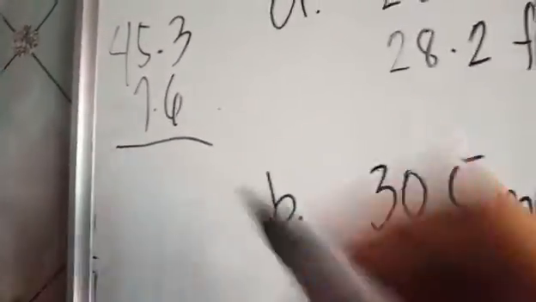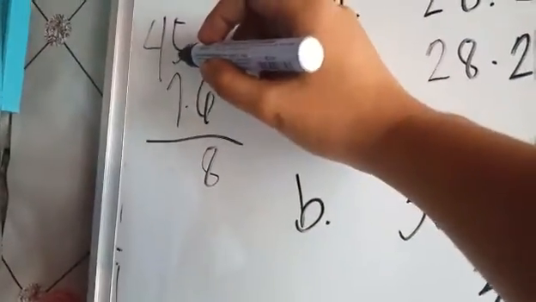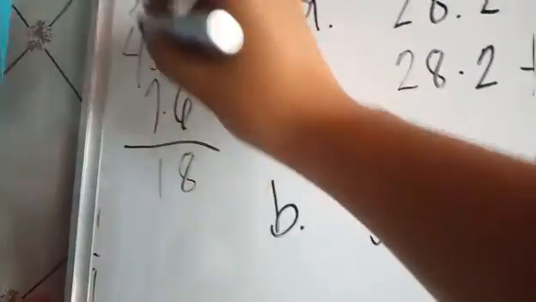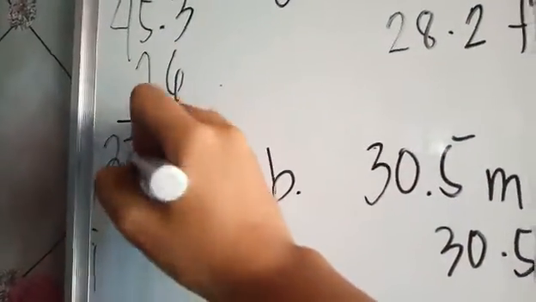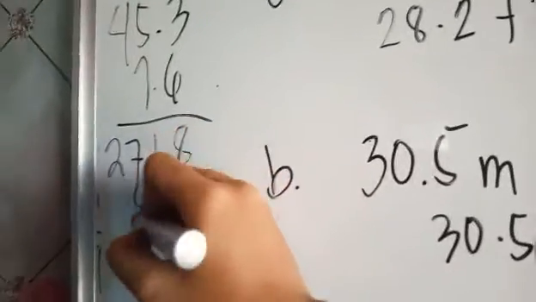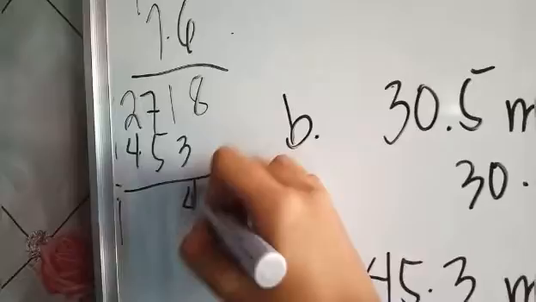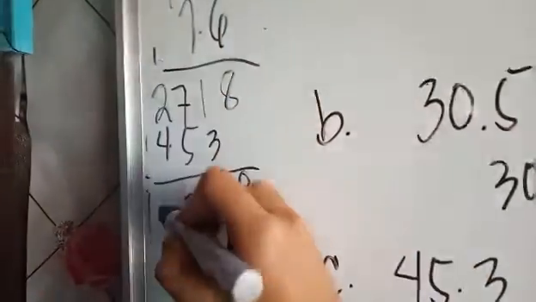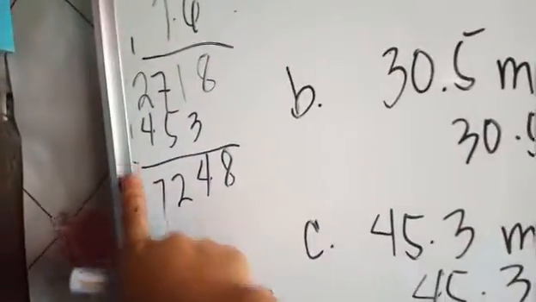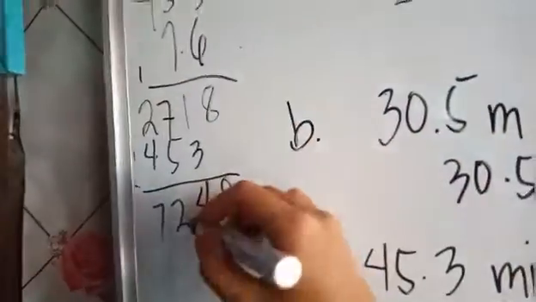Okay. So, 3 times 6 is 18. 5 times 6 is 30 plus 1 is 31. 4 times 6 is 24 plus 3, 27. Then we have 3, 5, and 4. Then just add 8, 4, 12, carry 1, and we have 7. Then yung decimal point, 1, 2, then 1, 2.